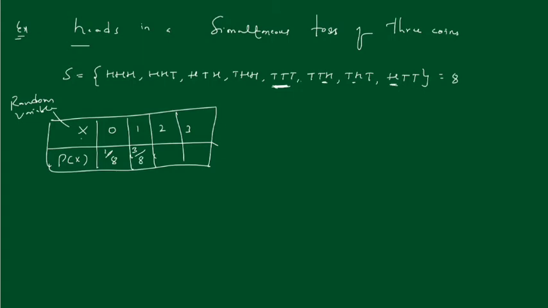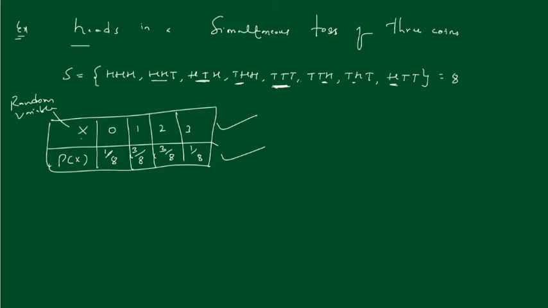Similarly, 2 heads and one non-head, which means a tail: 2 heads, 1 tail, three such outcomes, it is also 3 by 8. And finally, all 3 are heads only, it is 1 by 8. So which is nothing but our probability distribution, that is x, P of x, sample point and probability distribution.